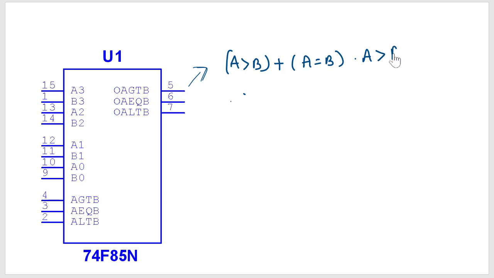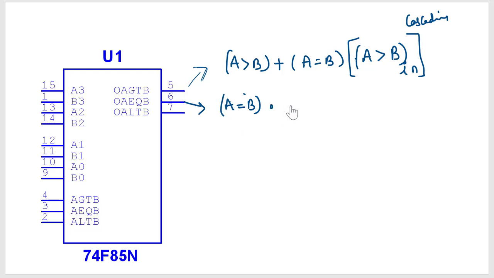So if I want to write for A greater than B, it will be A greater than B plus A equals to B into A greater than B in. This is the cascading input. Similarly, if you take A equals to B, you are going to have A equals to B into A equals to B in. This also is a cascading input.